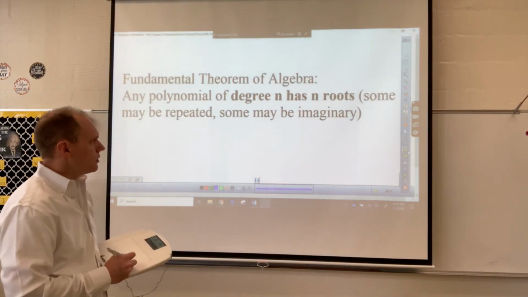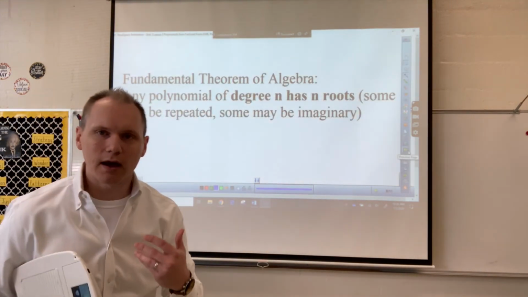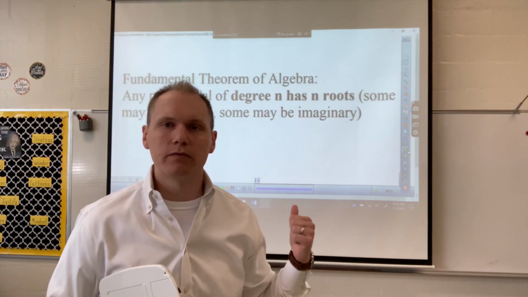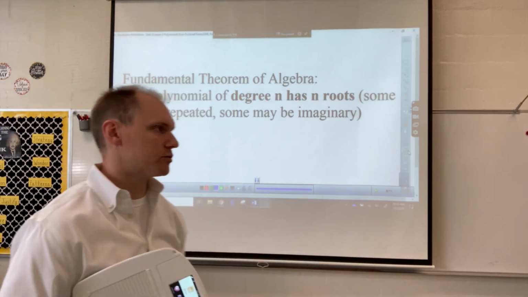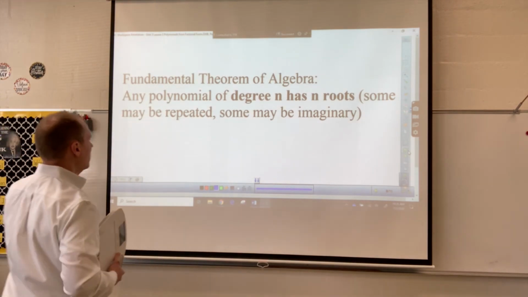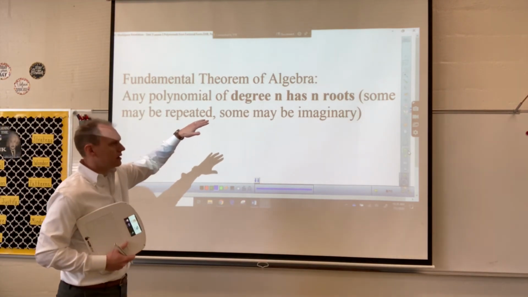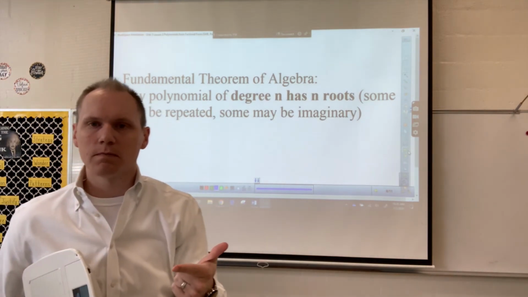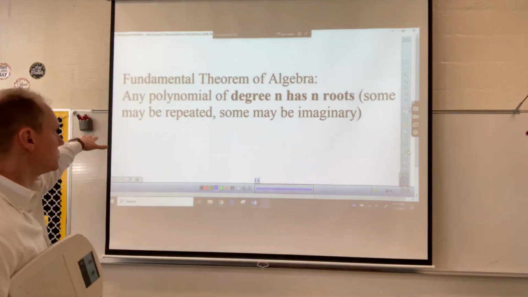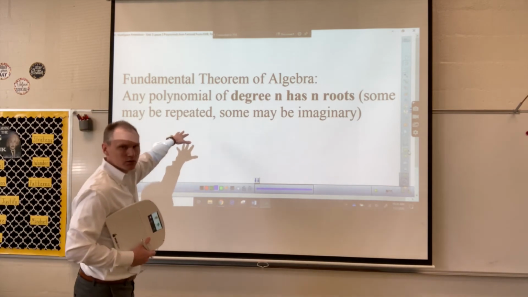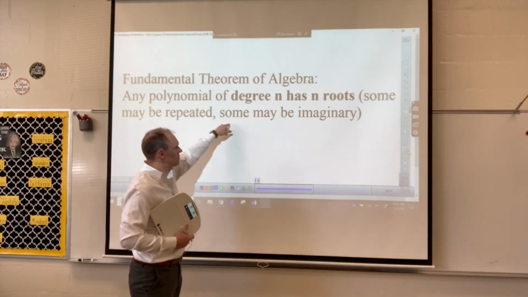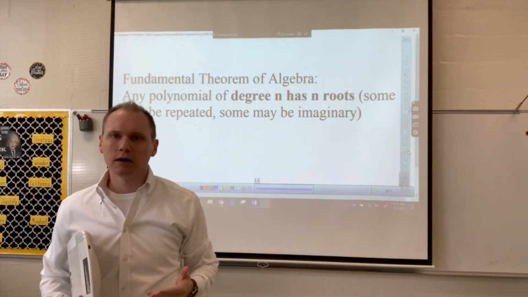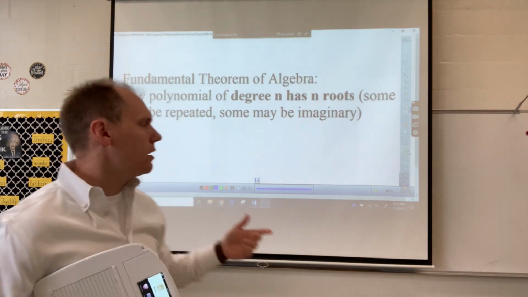All right. So what we've seen here, and I hope you've gathered this, is what we call the fundamental theorem of algebra. And that is that any polynomial of degree n has n roots or x-intercepts or zeros. Okay? Now some of those may be repeated, and we'll see an example of that here in a second. And some of those may be imaginary, as you saw some imaginary solutions back in Integrated Math 2.